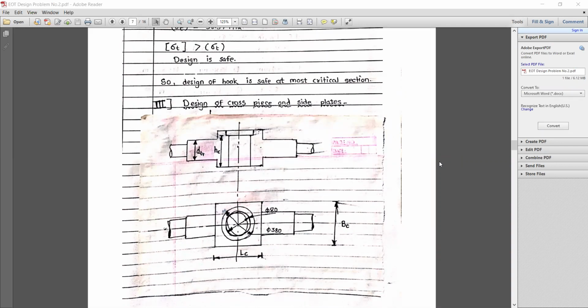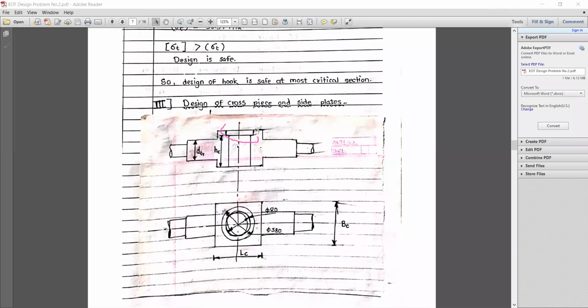Right now we are going to design the third part, the design of the cross piece with the side plates. In a hook snatch block assembly, the crosspiece is the part where the hook is going to be mounted.